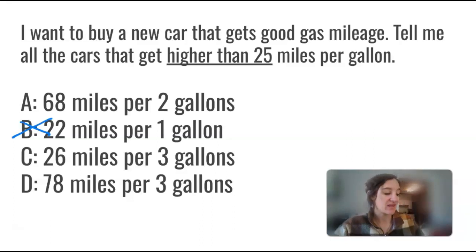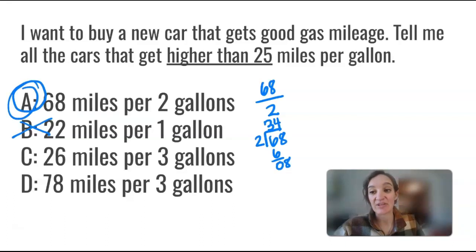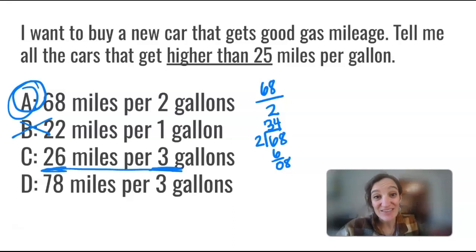But what about A? A gets 68 miles in 2 gallons, which would be 34. Definitely, you're definitely going to tell me to look at A, right? What about C? There's no way. It takes 3 gallons to go 26 miles. That's definitely not going to be 25 miles per gallon, is it?